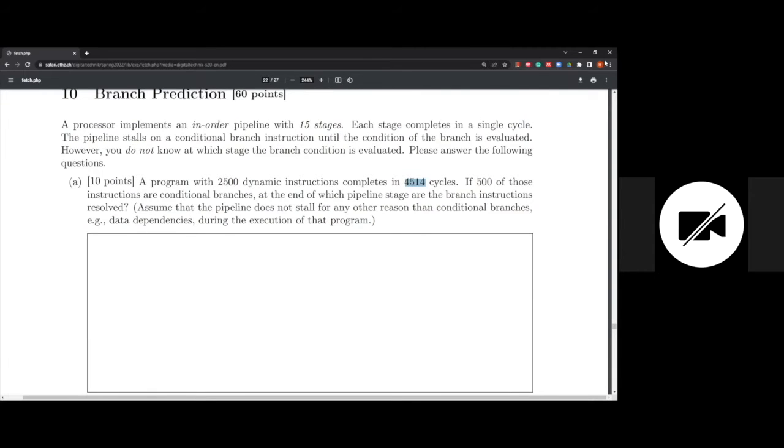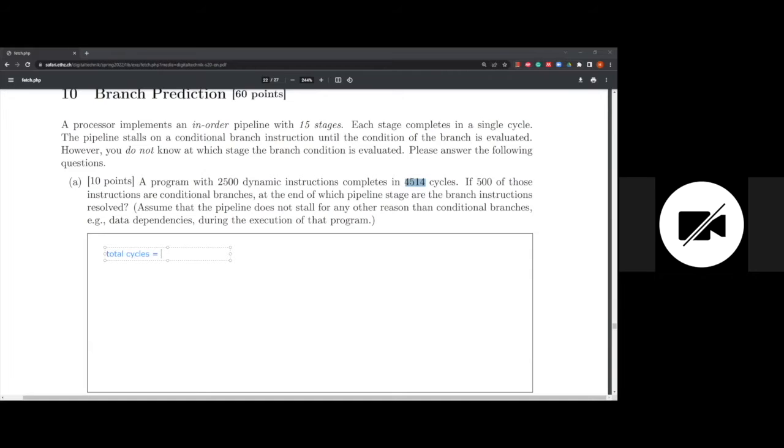Let me write it here. We can calculate the total number of cycles with this simple formula, right?